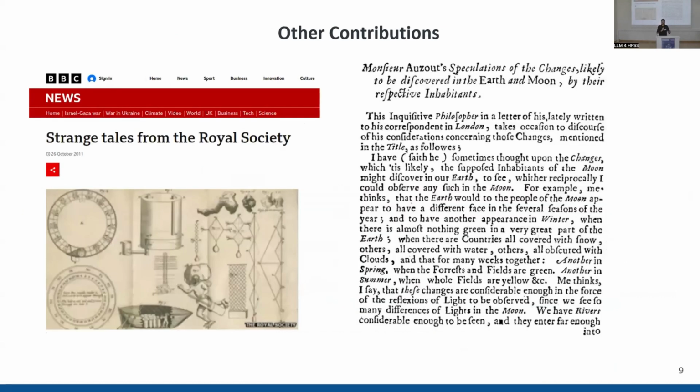But we also have some curious papers, such as this one: speculations of the changes likely to be found in Earth and the Moon by their respective inhabitants, describing inhabitants of the Moon. But we are not here to do fact-checking or scientific validity of the papers. We're interested in other things.